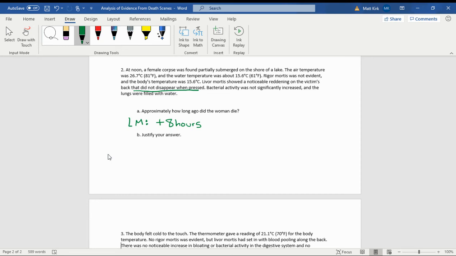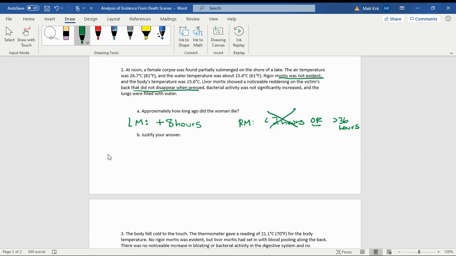Rigor mortis, we're told not evident. Okay, so we know if we don't have rigor mortis, we're dealing with less than 2 hours or greater than 36 hours as our PMI. And based on our livor mortis evidence, I think we can get rid of that less than 2 hour estimate.